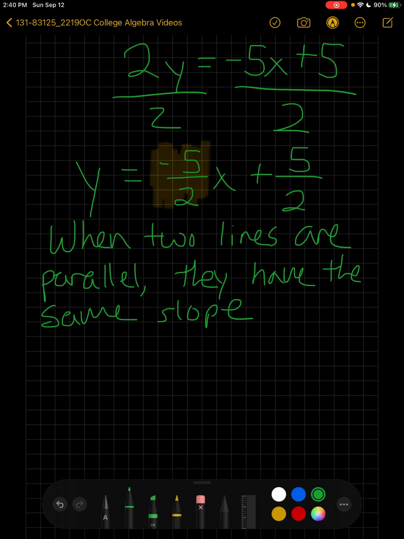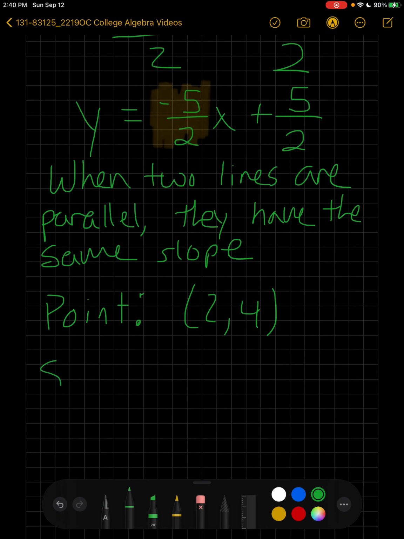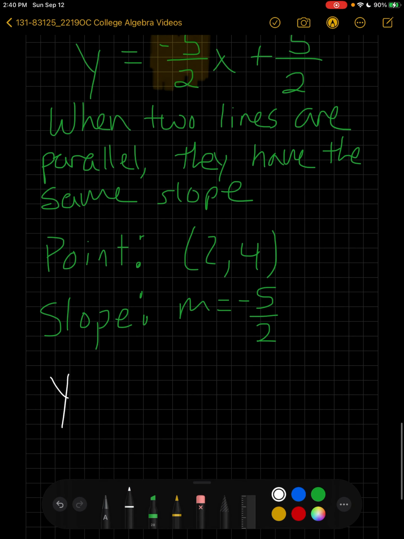So now we know that for our line, we have the point that they gave us in the problem, (2, 4). And we know that the slope for our line is going to be the same as the slope we found here, negative 5 halves.